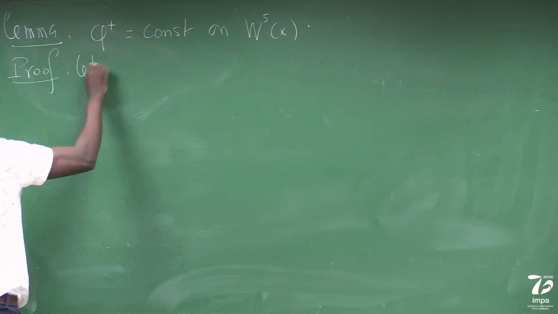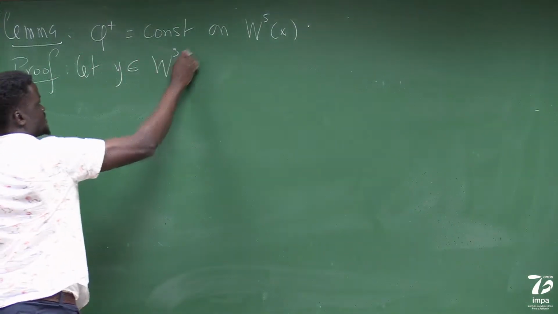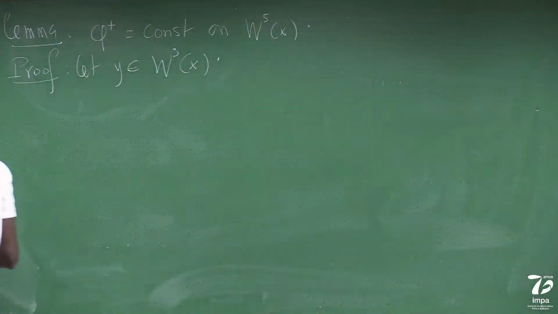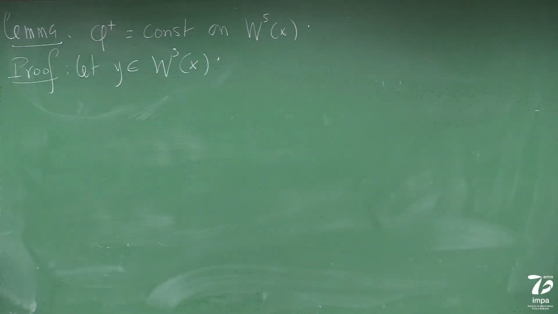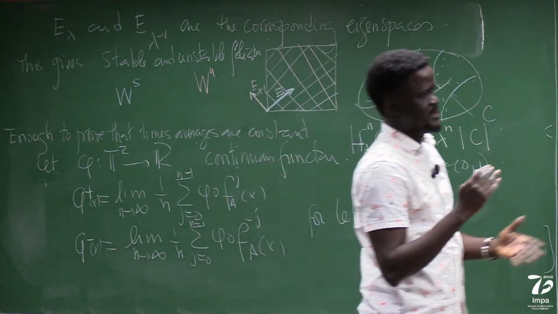So let y be a point on W^S(x). By the way, what I'm doing here holds for all linear toral automorphisms that are hyperbolic. Hyperbolic means that you don't have eigenvalue 1.